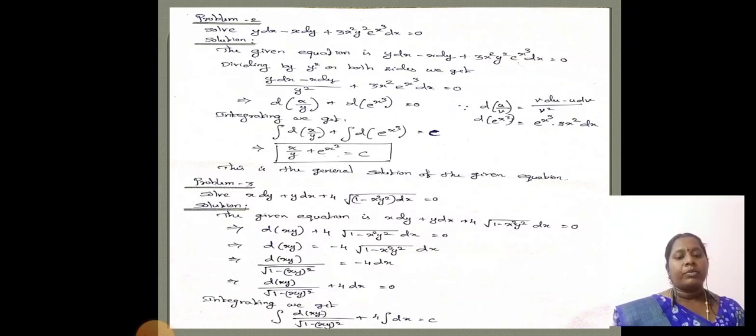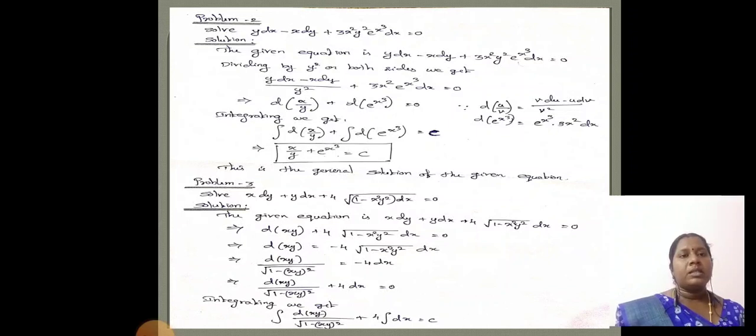We have y dx minus x dy by y square plus 3x square e power x cube dx equal to 0. We know the formula d of u by v equal to v du minus u dv by v square.